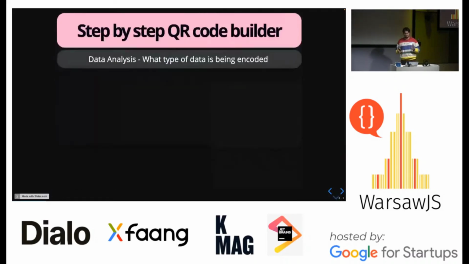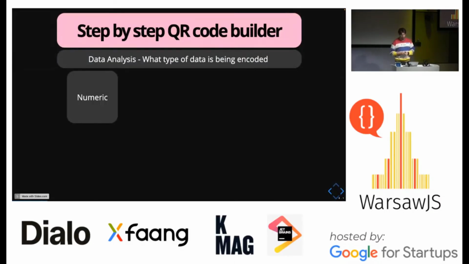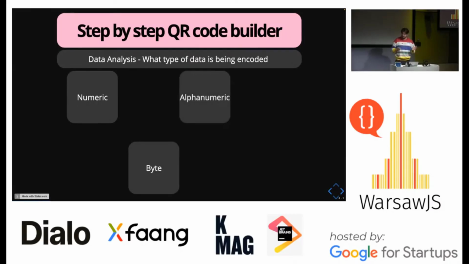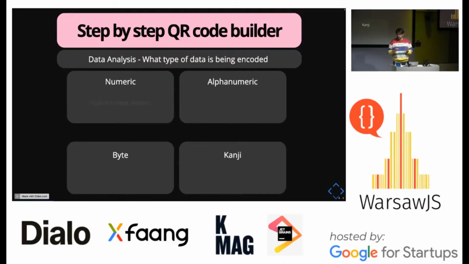So the first step is data analysis. Here, we have to choose what type our data in the QR code will be. We have the numeric type, the byte type, alphanumeric, and kanji. In numeric, there are digits from 0 to 9. In alphanumeric, there are digits from 0 to 9, uppercase letters A to Z, and symbols.